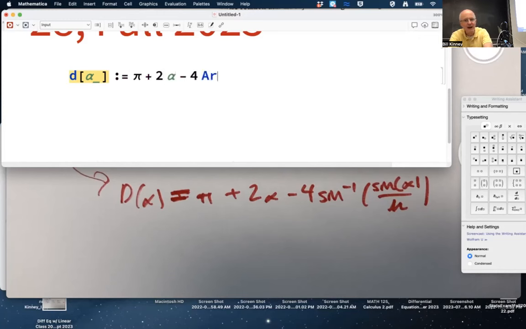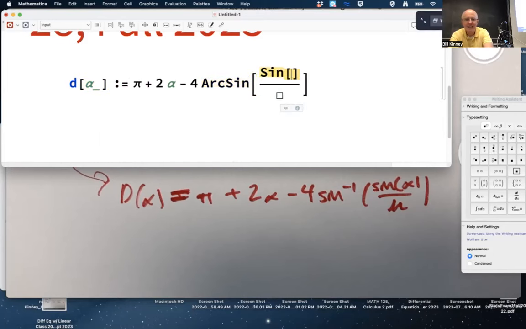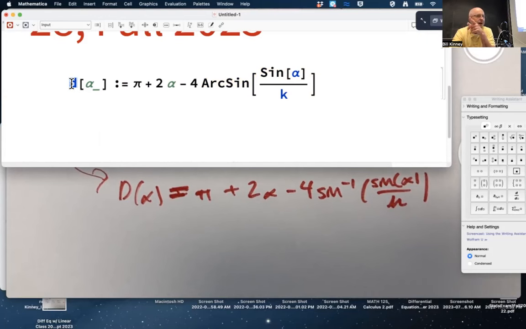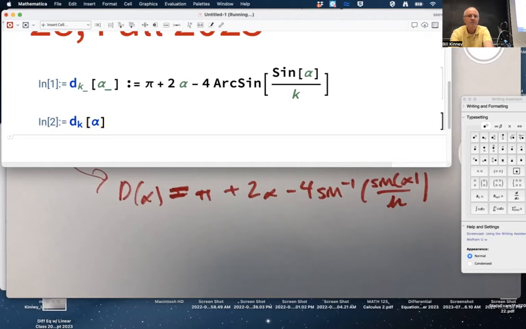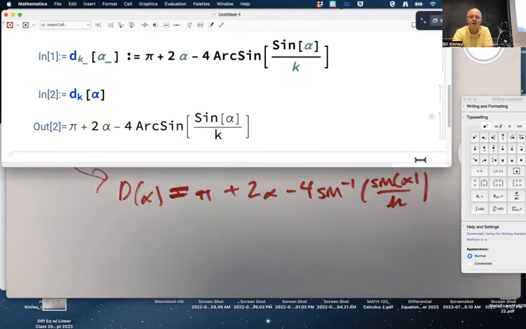In Mathematica, inverse sine is ArcSin, capital A and capital S. Sine alpha over K, and K is a parameter. Maybe I better use a subscript to emphasize that d depends on K, like this. That's okay to do in Mathematica, just like I did by hand in class on Monday. If I want to confirm that it's stored in memory now, I could go d sub K of alpha. There it is.